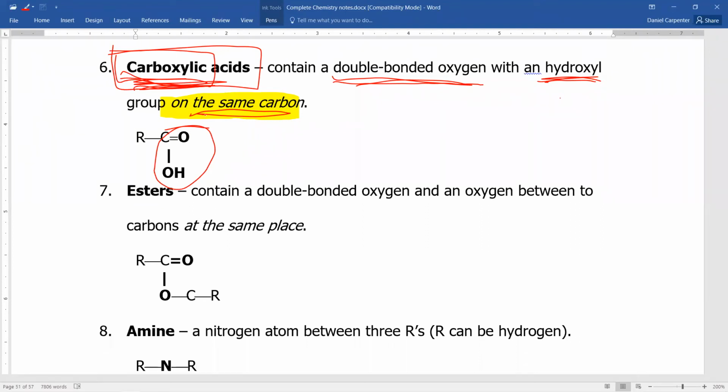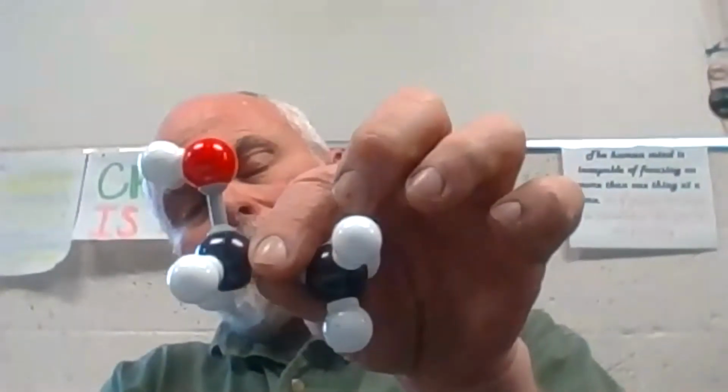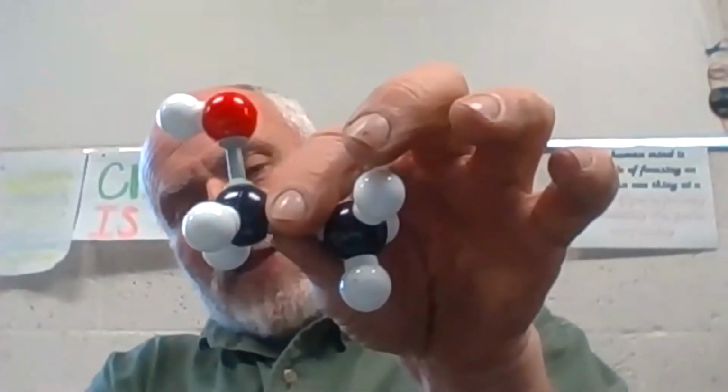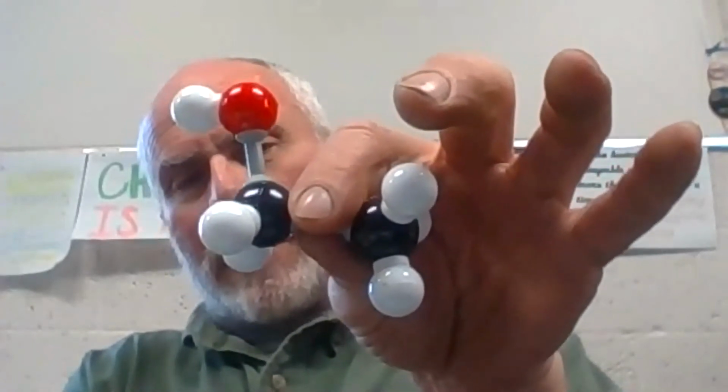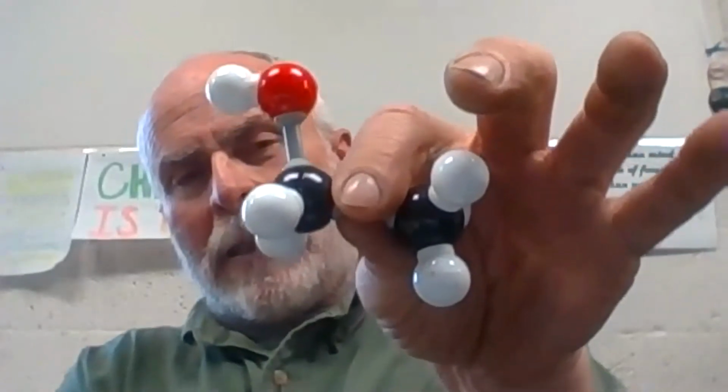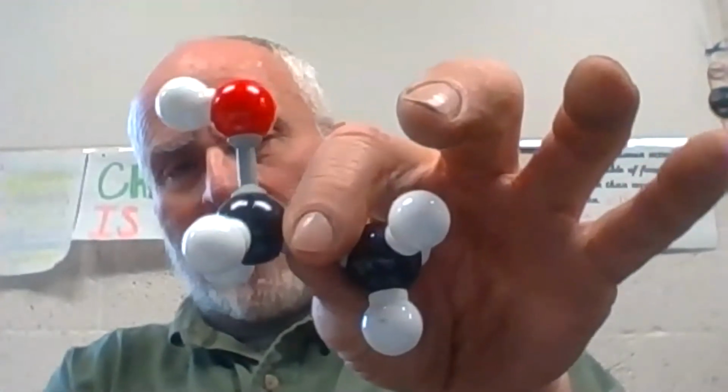So I'm going to switch back to the camera and show you the model. All right, so here was our alcohol. This is ethanol, the alcohol that's in gasoline and beer and wine and all that other stuff.